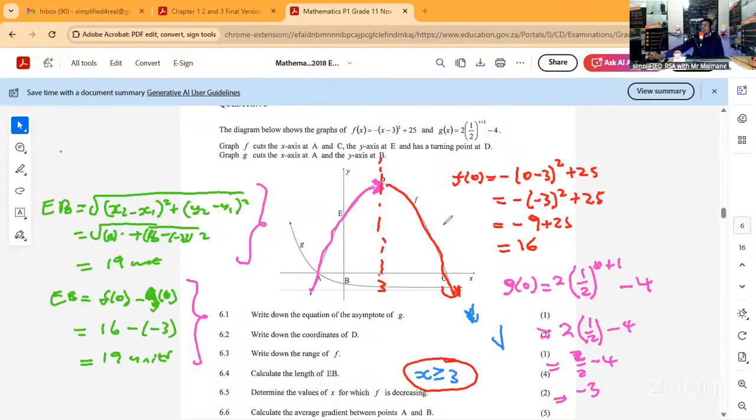So if they said to you, what is the value of y where f is decreasing, maybe you were going to answer it in terms of the value of 25. But since they want x, you answer in terms of the x. Hence, x greater than or equal to 3. Happy?